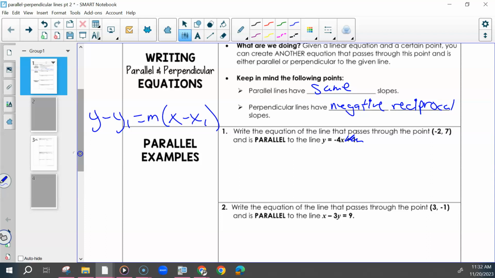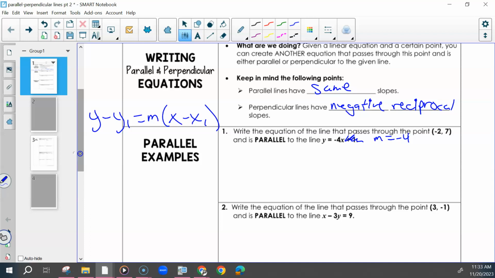Then, if our new equation is going to be parallel to this line, what would that slope be? Negative 4. So for this, you don't necessarily have to write the m equals. You could point to this and say that's your m. But you need to know what your slope is going to be.